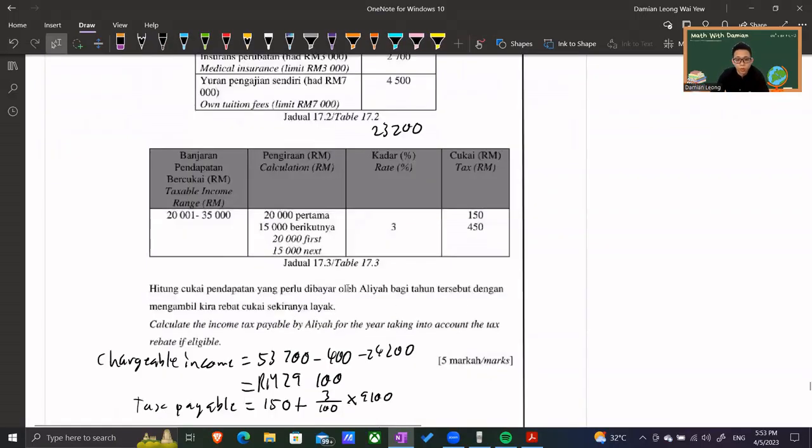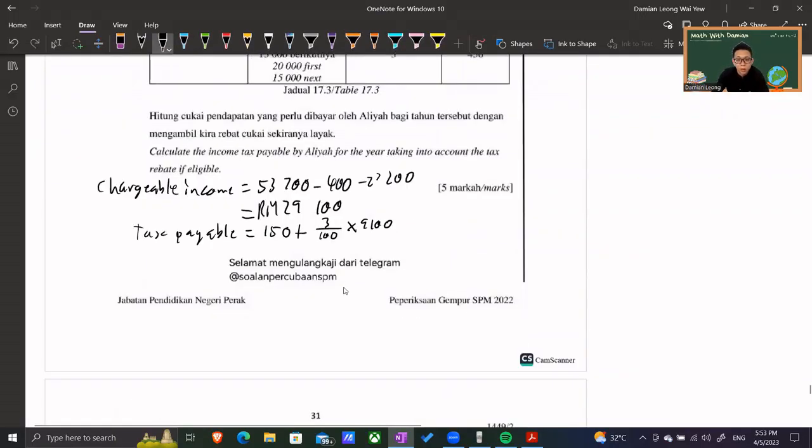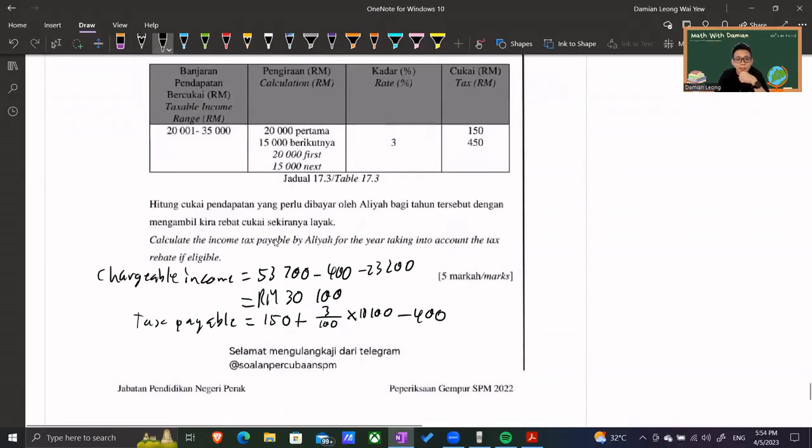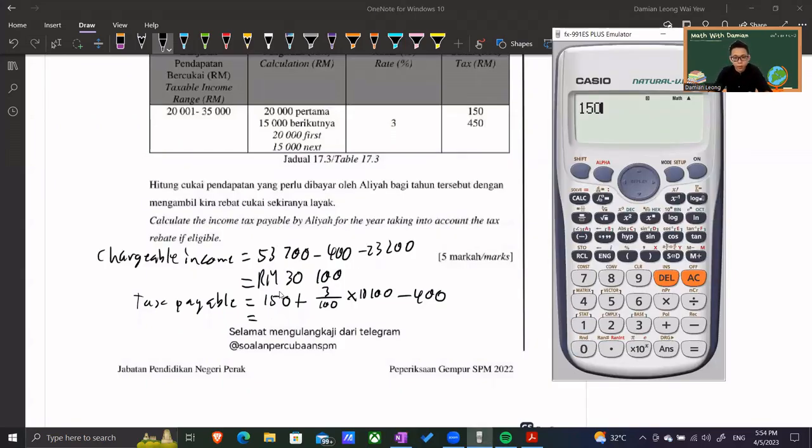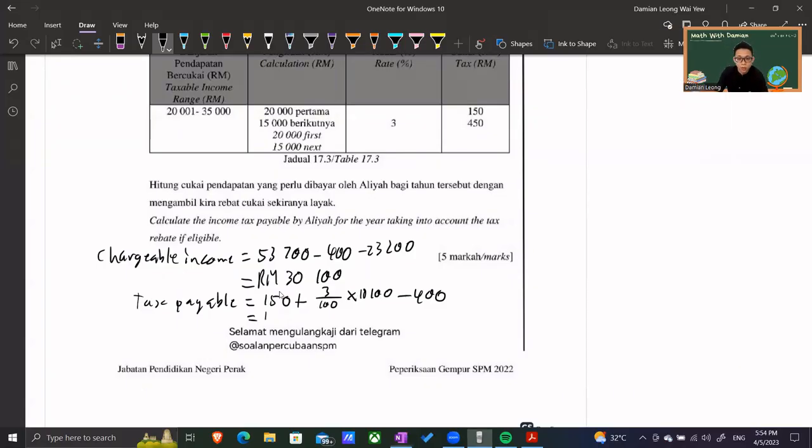It's 23,200, so the chargeable income is 30,100, which means the remainder is 10,100. Then I have to minus 400 ringgit rebate because income is less than 32,000. So 150 plus 3% of 10,100 minus 400. So it's only 53 ringgit payable.